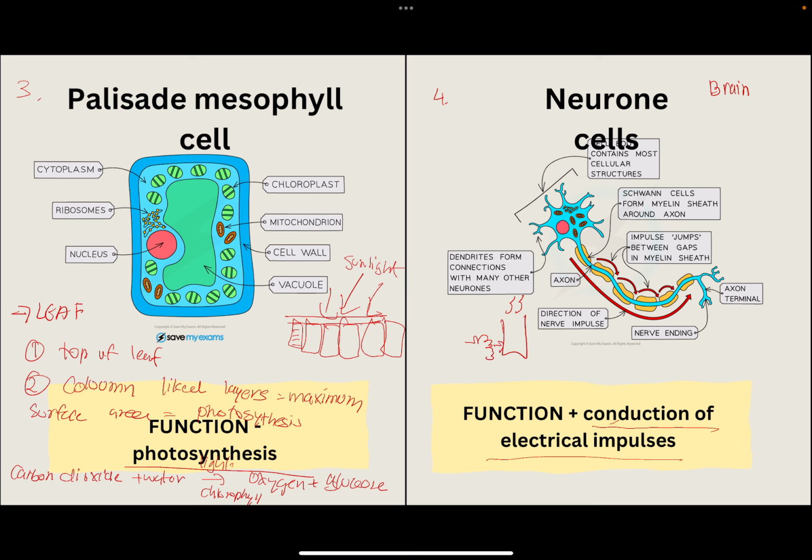What will happen? An electrical signal will be sent to my brain. This is the brain. So what will my brain do? My brain will take the hand off, right? So this happens by electrical impulses. So this is the fourth one.